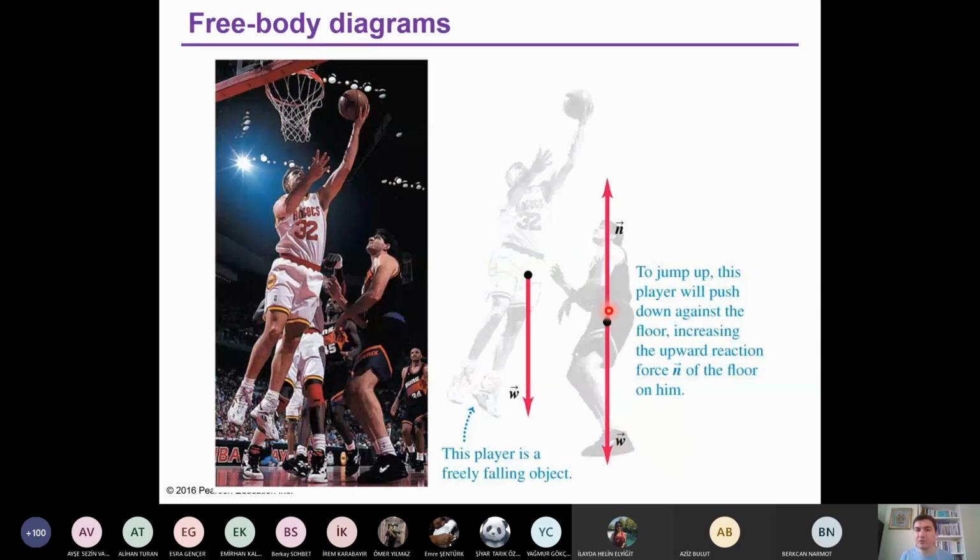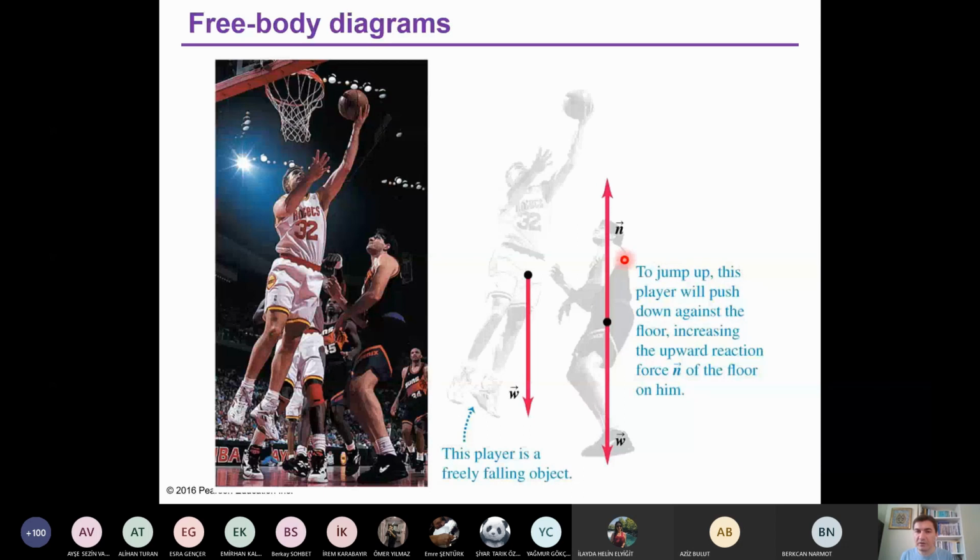So this guy would like to jump. In order to jump, he should have a net force along the positive y direction. So how do we produce a net force along the positive y direction? This guy has to apply a force to the ground, and then the ground will apply a back force in the upward direction.